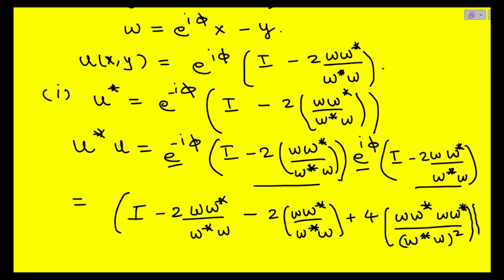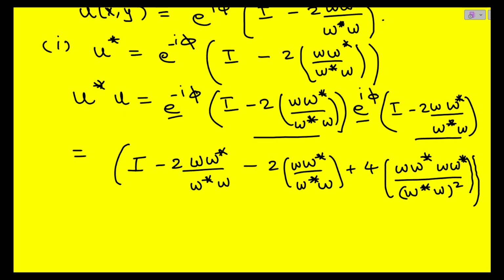But I have not done that. The reason being, you will see why I did that. So what I'm going to do is, now this is nothing but I minus, these two are the same thing, so just add it up, 4 w w star divided by w star w, and then you have 4 times this term.